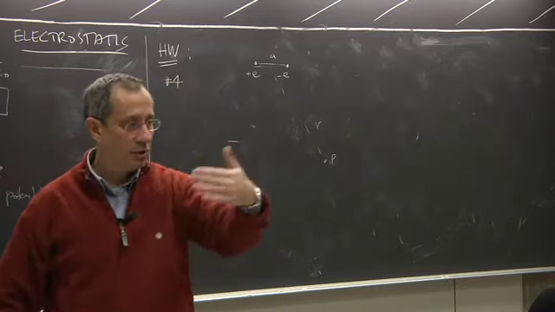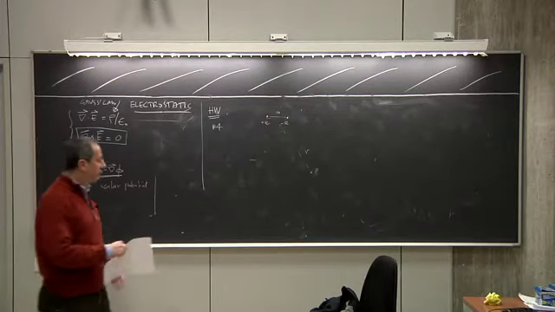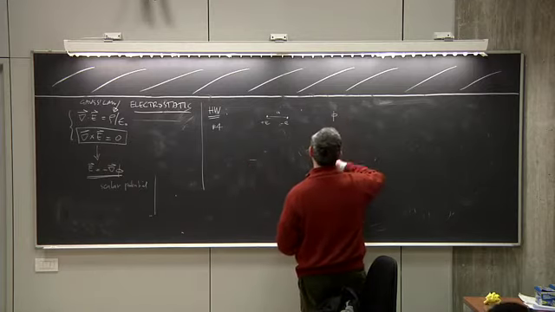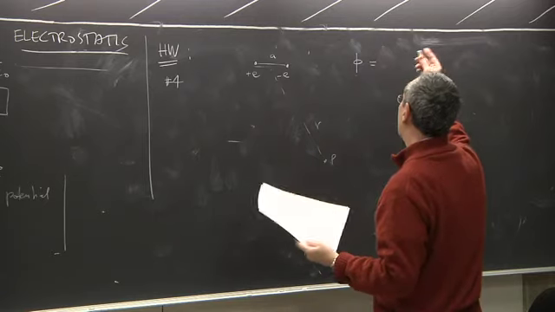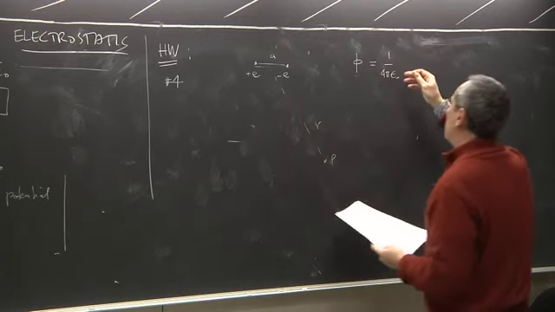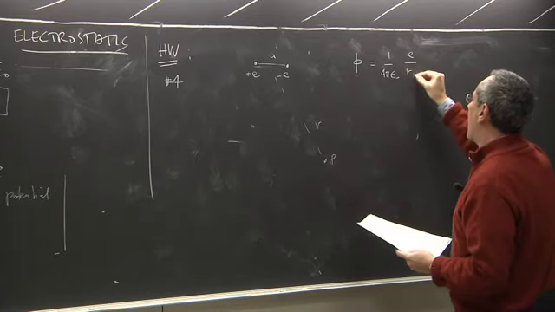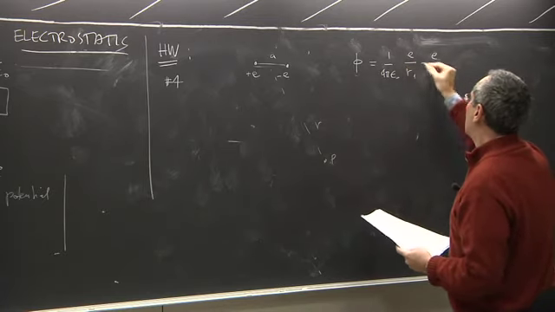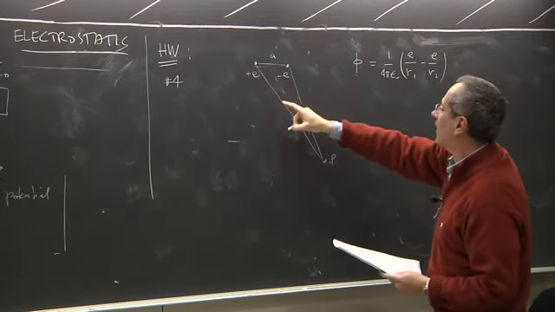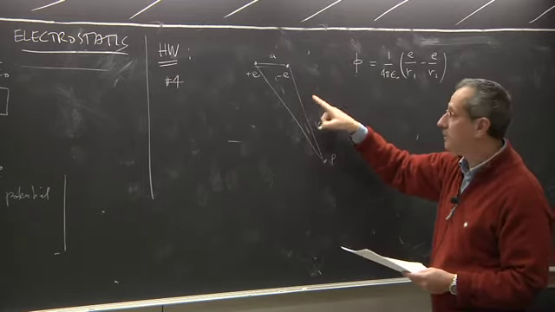You understand that you can do some expansions in this 1 over R squared and derive the potential, so the potential phi, okay? I already know that this is 1 over 4 pi epsilon 0, E over R1 minus E over R2, where this is R1, R2, okay?